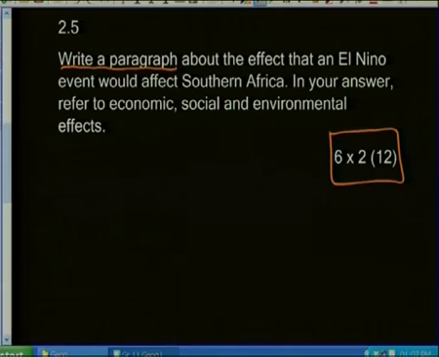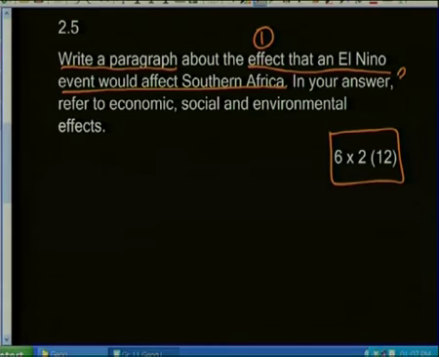Write a paragraph. Now remember, a paragraph is usually at least 5 to 10 lines about the effect that El Nino, there's the first thing we have to do. What effect would an El Nino event have on Southern Africa, right? How will it affect Southern Africa, places like Botswana, Zimbabwe, South Africa, all of those countries that we are bordered and neighbored by?